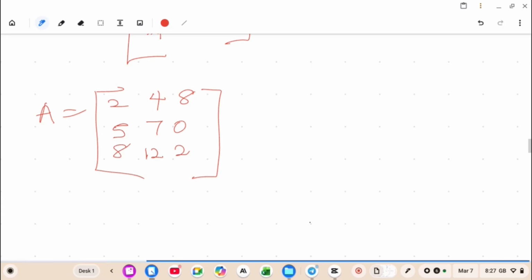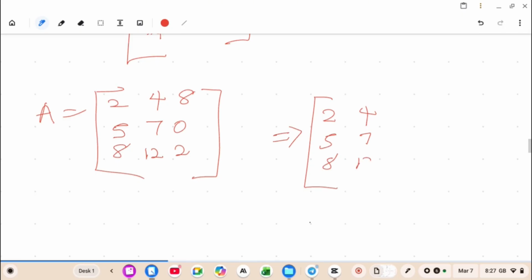So first of all, we said we have to augment it. So let's augment this matrix. 2, 5, 8. We have 4 here. We have 7. We have 12. We have 8, 0, 2.